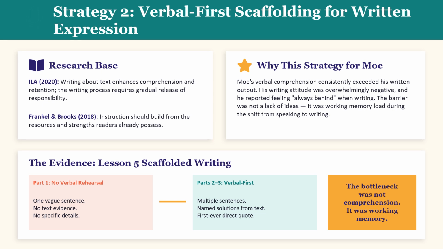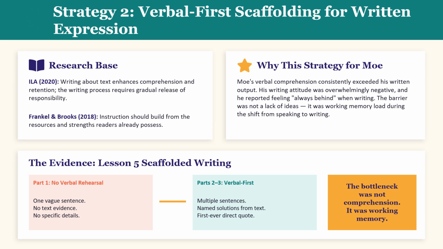So the strategy also revealed something important. During the third part, Mo lost his thought while transitioning from speaking to writing. He had the answer and couldn't remember it, and needed to verbalize it a second time before he could finish writing. So that told me that the bottleneck wasn't a comprehension issue.